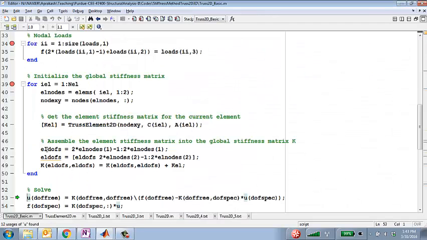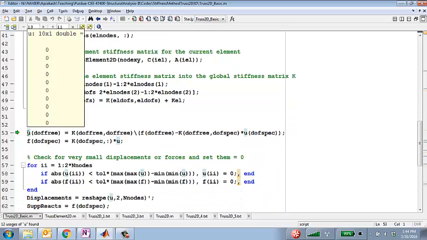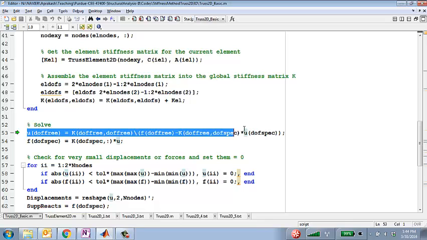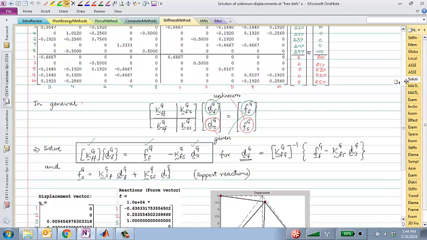So once we have this stiffness matrix, we said that to solve the system, we are going to use this solution procedure, so that the free degrees of freedom is equal to K free inverse times F free minus K free specified times D specified.